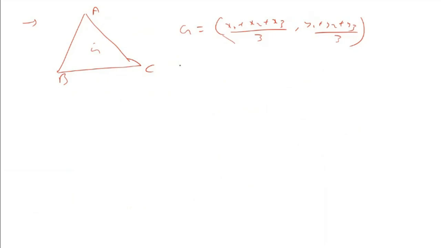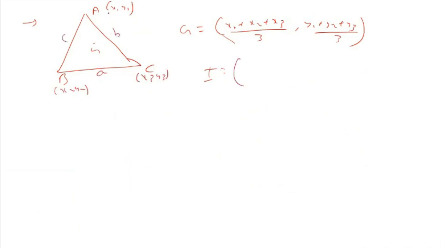Okay. And there is another point that we studied, called the incenter. The incenter, as you would recall, is the meeting point of the angle bisectors. For the coordinates of the incenter, let the vertices be x1, y1, x2, y2, x3, y3, just for proper labeling. The sides have notation small a, small b, small c.